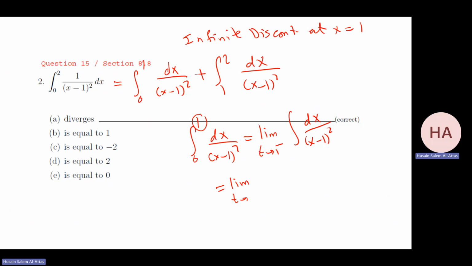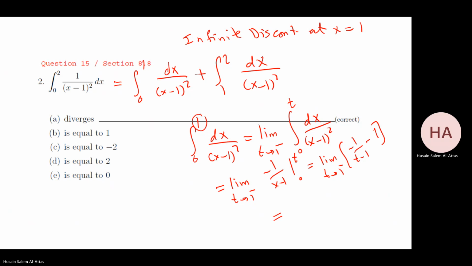Limit t goes to 1 from the left of minus 1 over x minus 1, from 0 to t. So I have limit t goes to 1 from the left, this is minus 1 over t minus 1. Substitute the 0, it will be minus 1. Now t goes to 1 from the left. So what will happen? 1 over t minus 1, then multiply by minus. Yeah, I can check it easily.